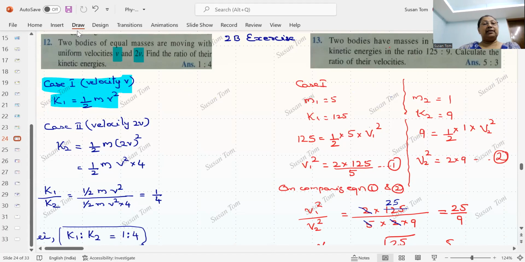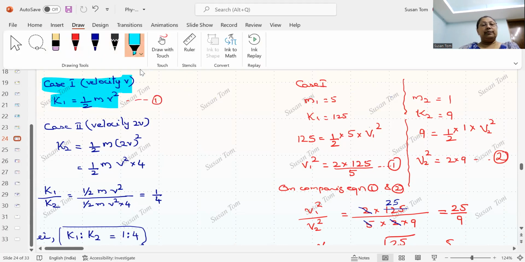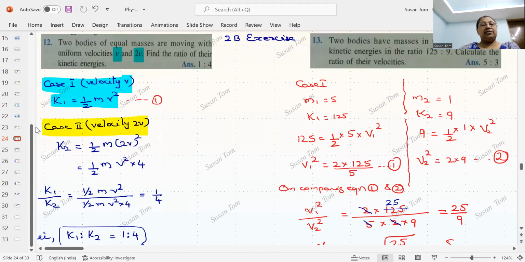Mark it as equation number 1. Second, case 2, when velocity is 2v, k2 equal to half m into 2v the whole square, which on further solving is half m v square into 2 square, which is 4.